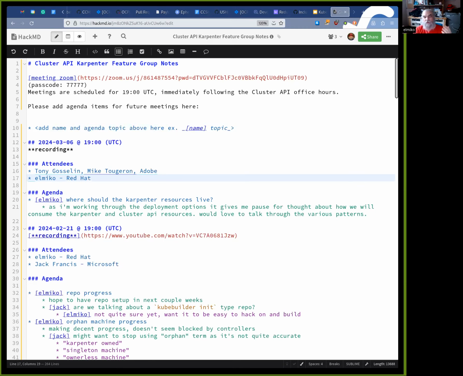So this creates a question which I thought was interesting: where do we want to see the Karpenter objects being expressed?